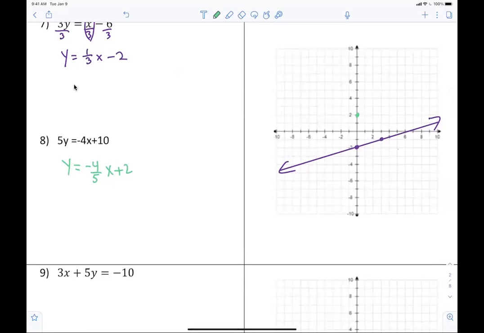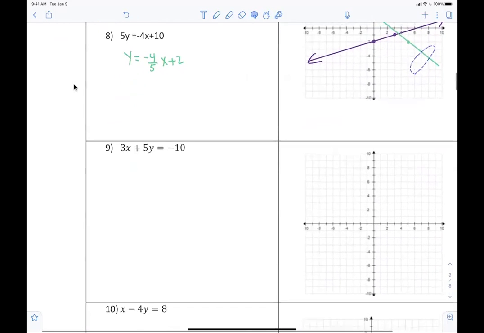Yes, down 4 to the right 5. Can't you go up 4 and then go to left 5? If you want to do that, you can. Up 4 and left 5 is okay.